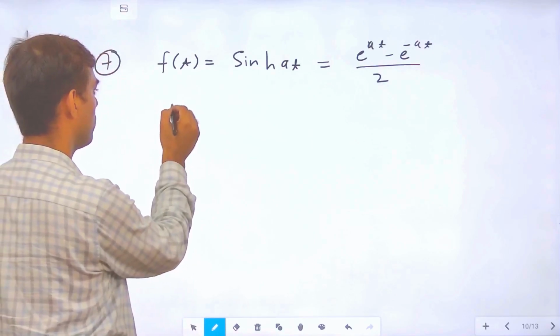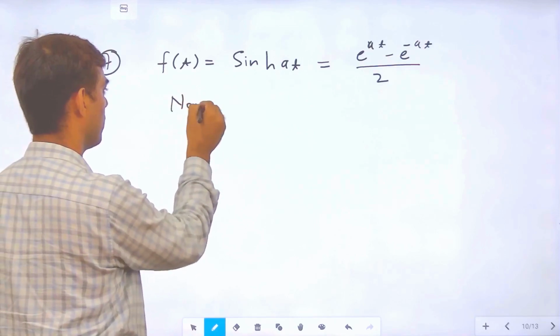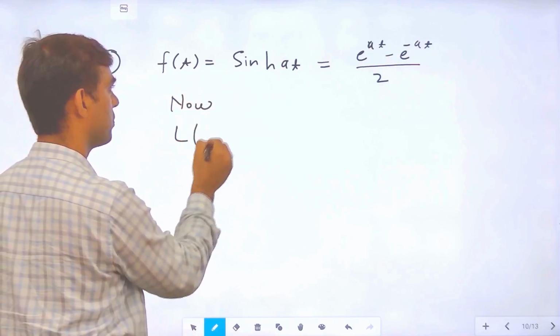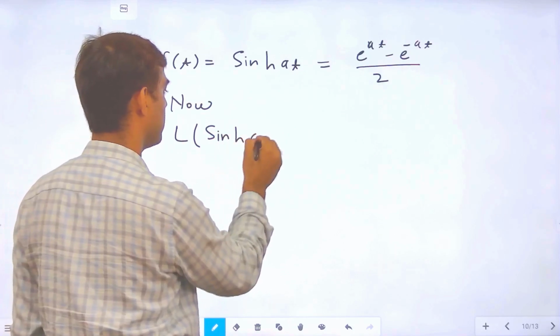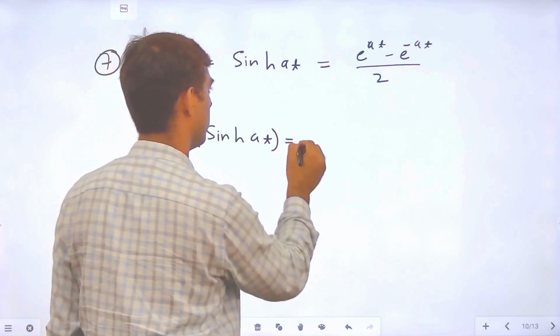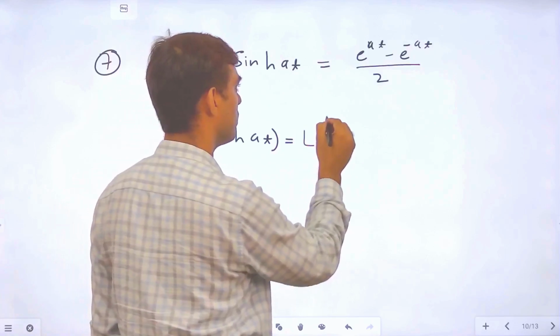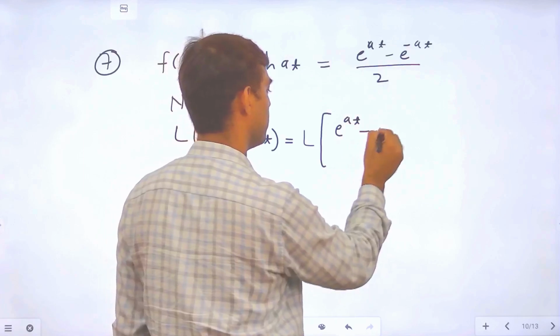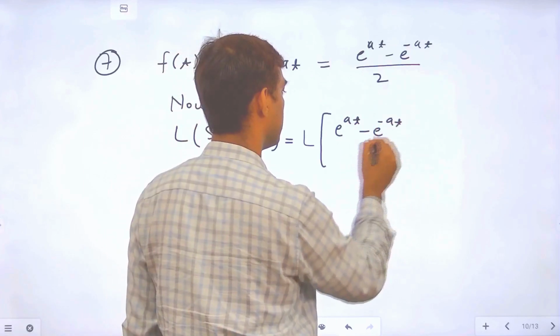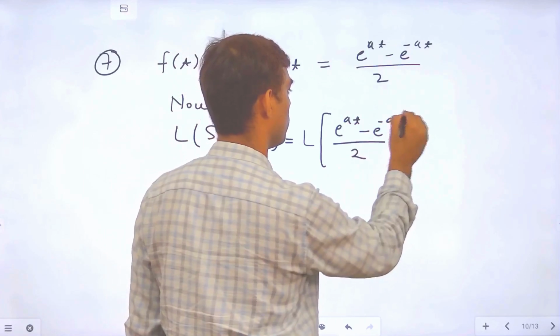So now the Laplace transform of sine hyperbolic at equals the Laplace transform of (e to the power at minus e to the power minus at) upon 2.